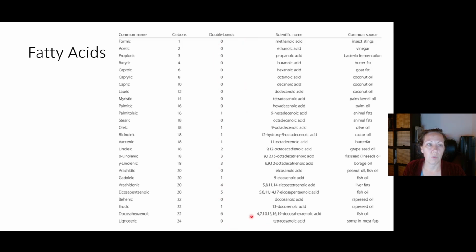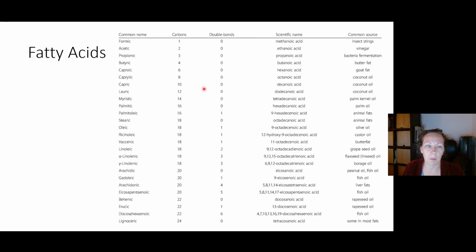So for example, formic acid, which is the acid that's found in fire ant stings, is only one carbon, has no double bonds. So fire ant stings are a fatty acid that's being injected into your skin. Now, more commonly, most of the fatty acids that we eat, most of them are 16 carbons or more.